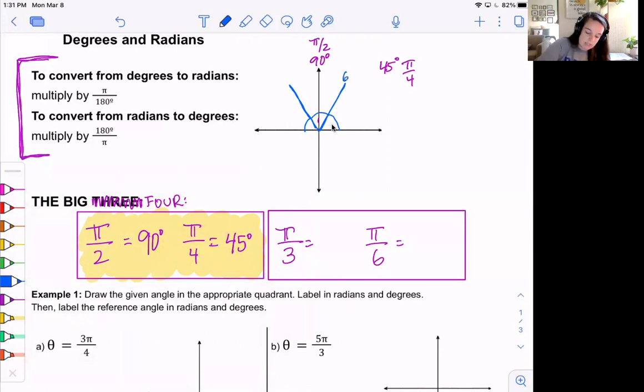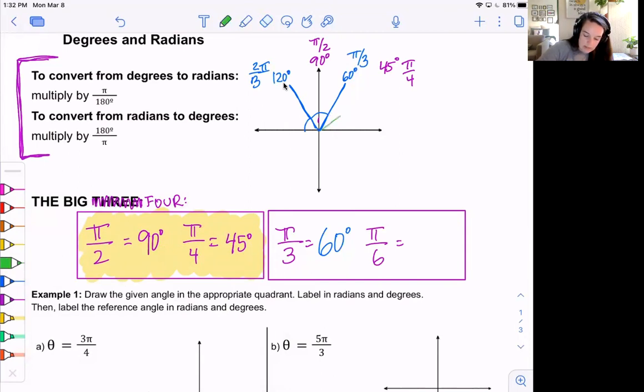So 60 degrees is pi divided by 3. So pi over 3 would be 60 degrees. Then we have 120, that's 2/3 of pi, and 180, that's 3/3 of pi. So if I was writing 120 degrees, I'd have 2/3 pi, or 2 pi over 3. 2/3 pi, that's 120.